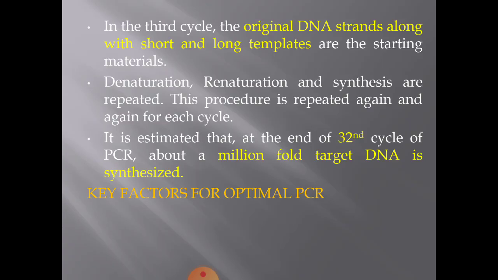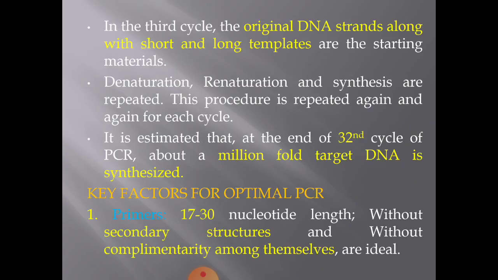Now, when you are doing all this, what are the key factors that you need to remember to conduct PCR at optimal conditions so that the products are ideal? Okay, now primers.